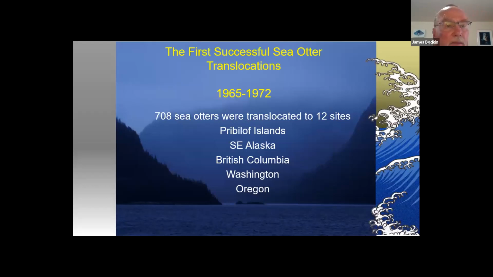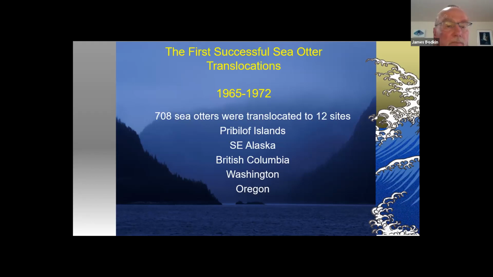So now we're going to talk about the first of the successful sea otter translocations, which ran from 1965 through 1972. These were cooperative programs between various state and federal agencies to aid in the recovery and establishment of new colonies, including for possible eventual fur harvests.